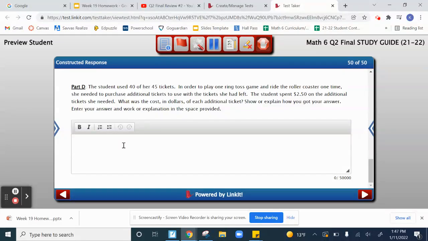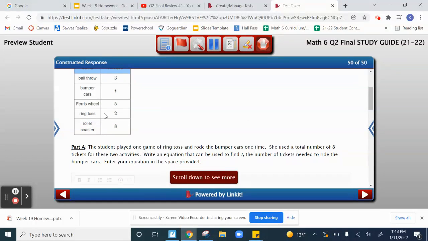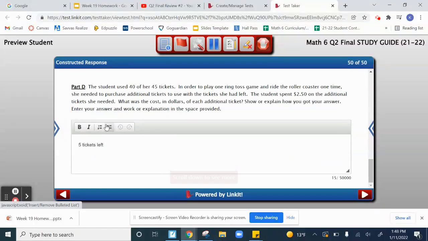Okay, there is a lot going on here. So first off, she used 40 of the 45 tickets. So that means that she has 5 tickets left. Now it says she played ring toss and rode the roller coaster. So let's figure out how many tickets that cost. Ring toss cost 2, roller coaster cost 8, so that is 10 tickets.